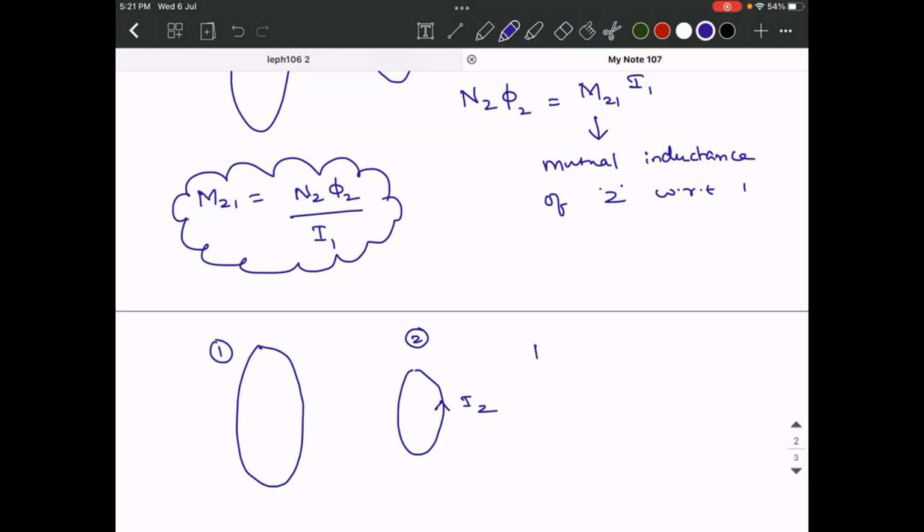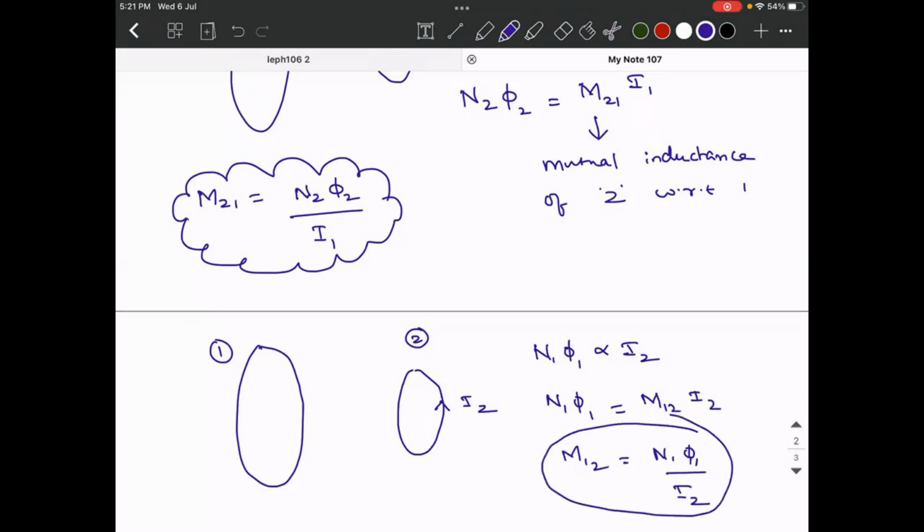Then what can I say? So flux associated with the first coil is directly proportional to the current through the second coil. So N1φ1 will be equal to how much? M12 I2. So M12 will be equal to N1φ1 divided by I2.